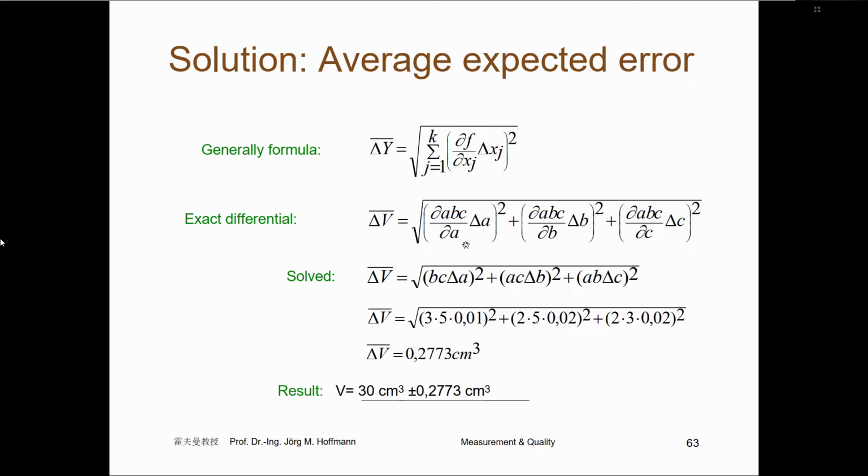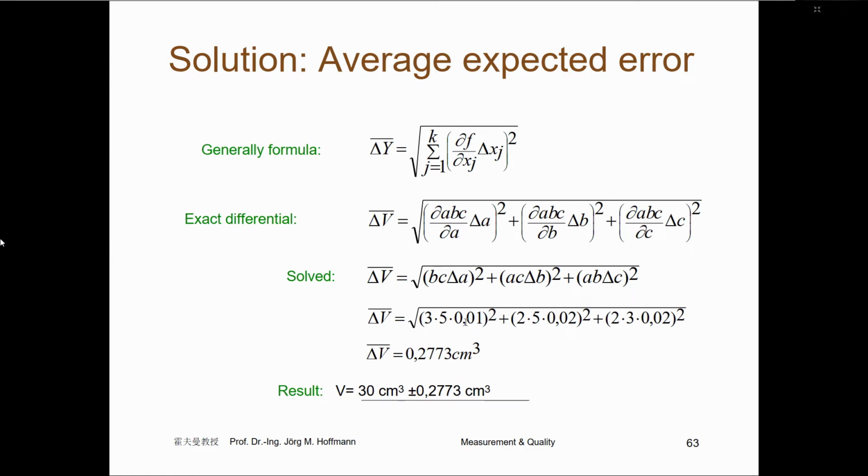And when you calculate the exact differential, you come to this formula: B multiplied with C multiplied with delta A powered by 2, plus A multiplied with C multiplied with delta B powered by 2, plus A B delta C powered by 2, and from all the root. So, because we have everything in centimeter, I have left out the centimeter.